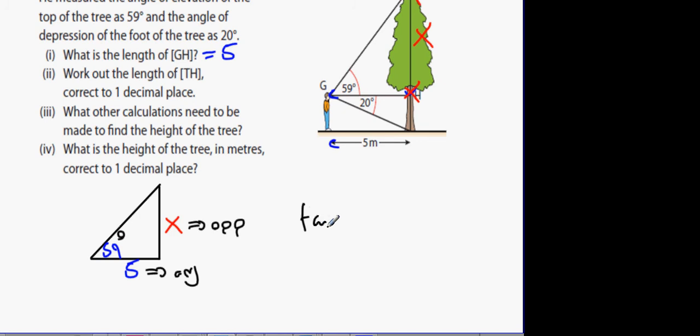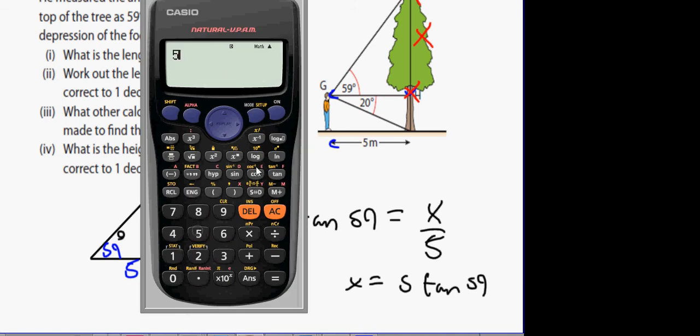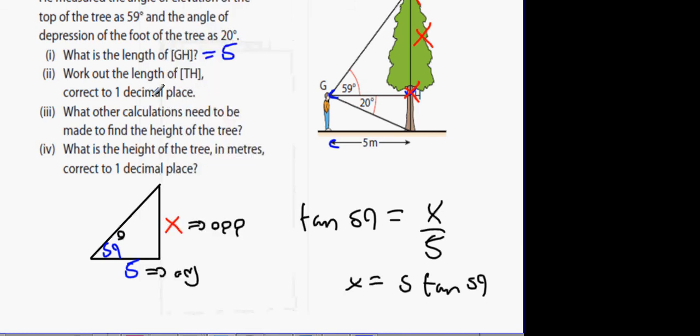Tan 59 is equal to X over 5. X is equal to 5 tan 59. And what's 5 tan 59? 8.3. Is it meant to be to one decimal place? Correct, to one decimal place. 8.3 is perfect. Well done.